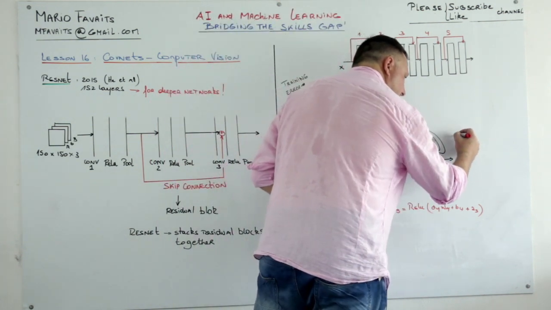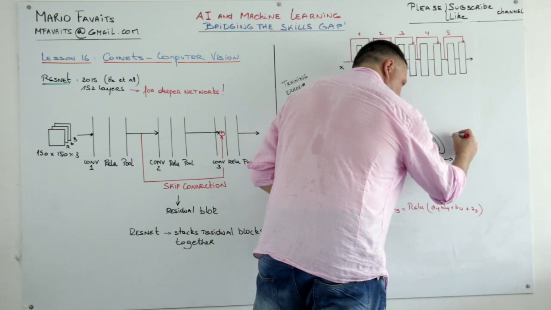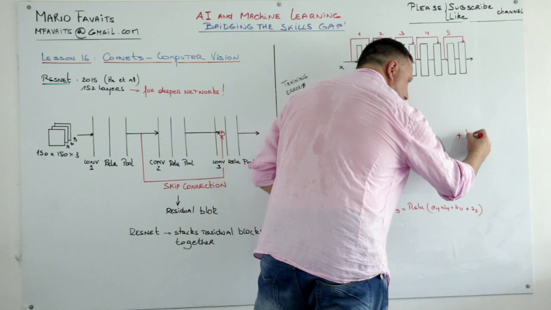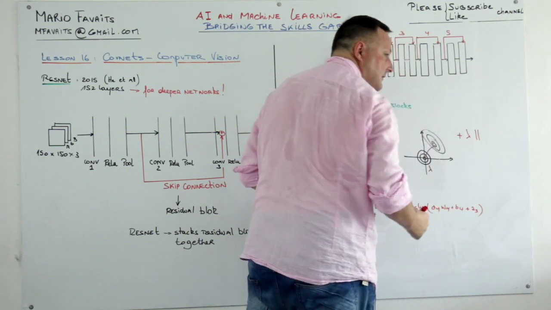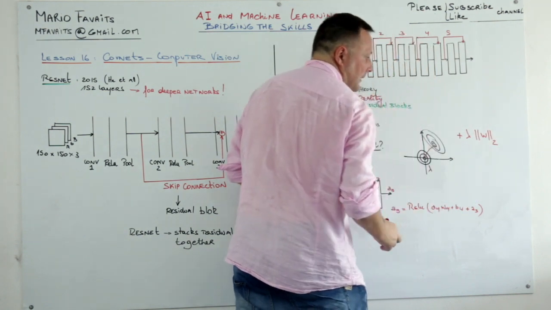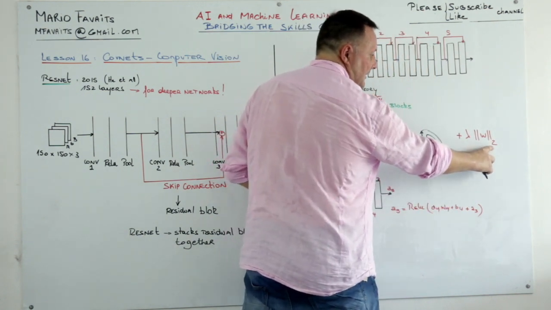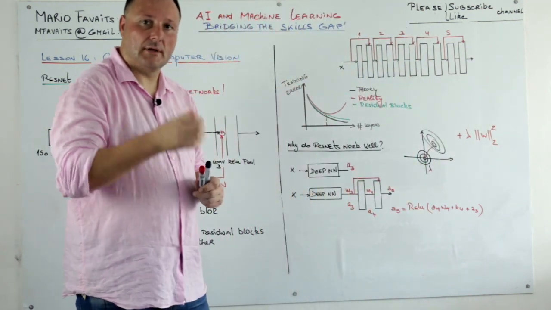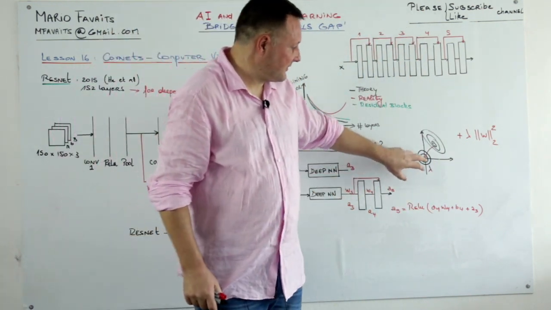So you have your cost, and then you add lambda, and in the case of ridge, lambda times the L2 norm of that vector squared. That's exactly what you see here.